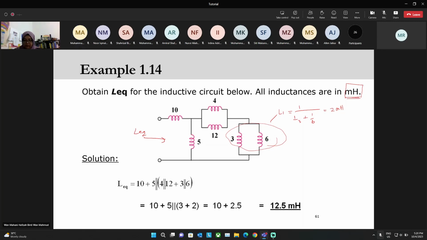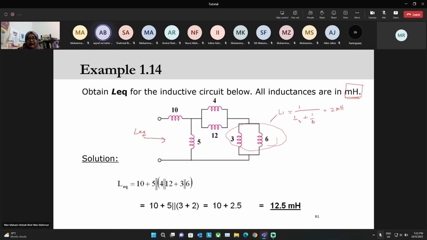Betul. 2 millihenry. Tak dapat tu salah tekan kalkulator lah tu.